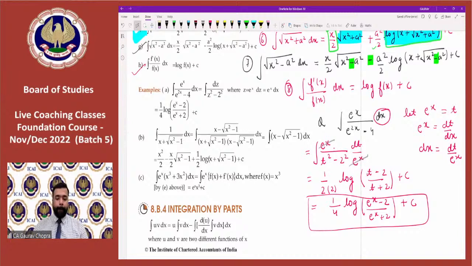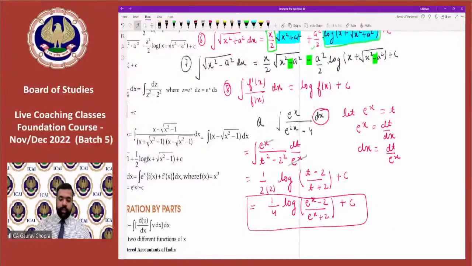Now the next one, integration of 1 divided by x plus root of x square minus 1. So now this is a bit of a different one, but there is one trick which we can apply here. So let's make some space first.